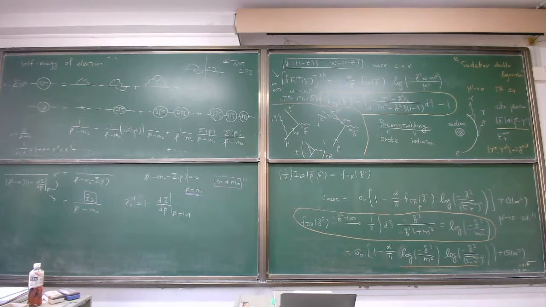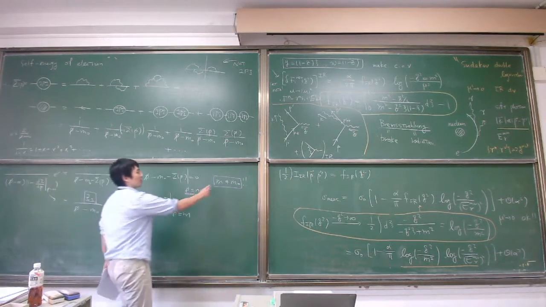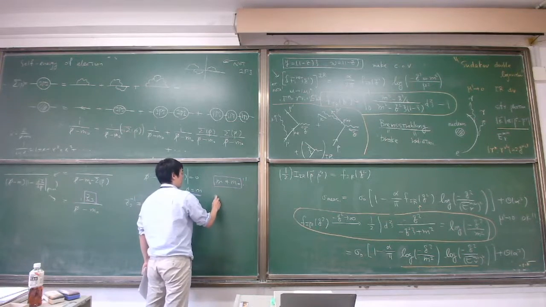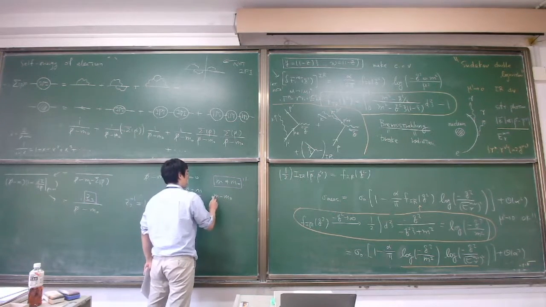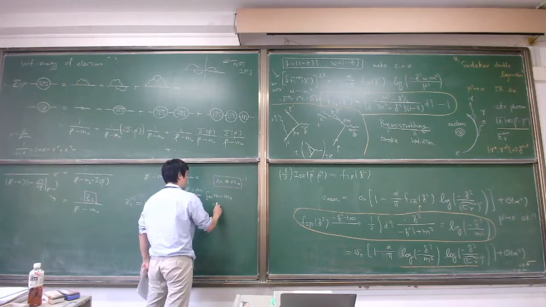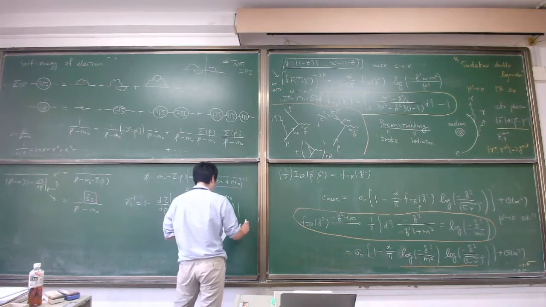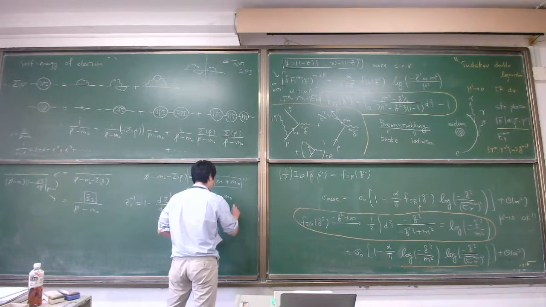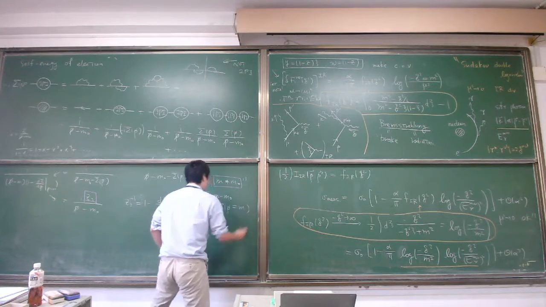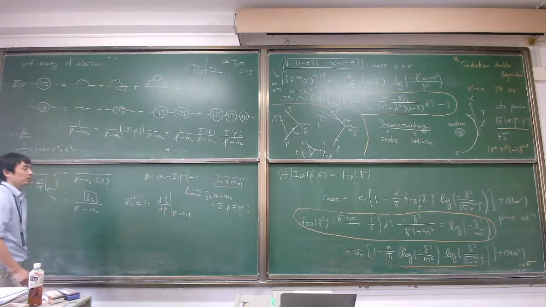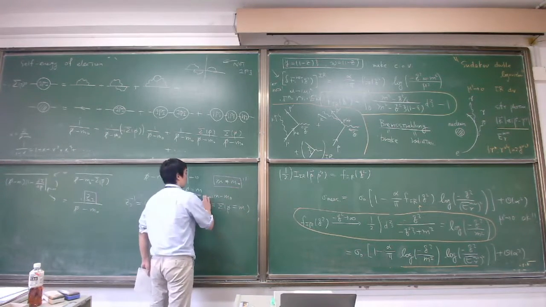Okay, so that's what we have. From here, as you can easily see, the difference between M minus M0, which I call delta M, is sigma of P slash, where P slash is around M. So that's the difference between bare and physical mass.